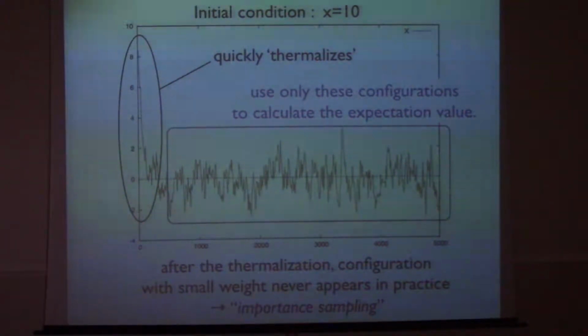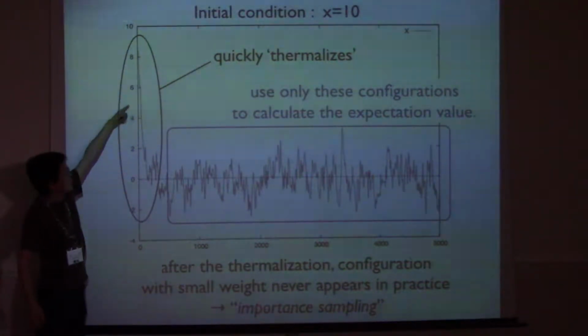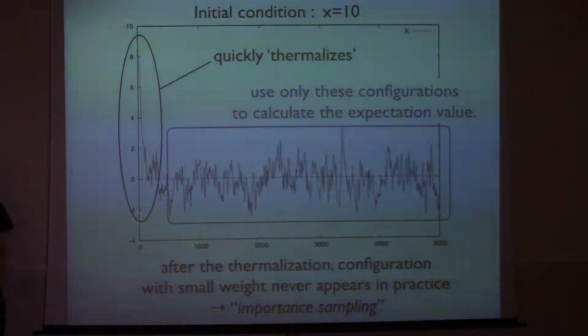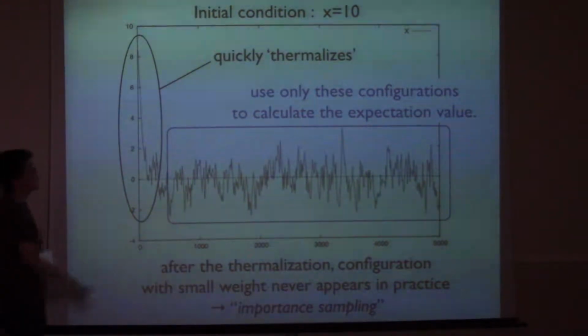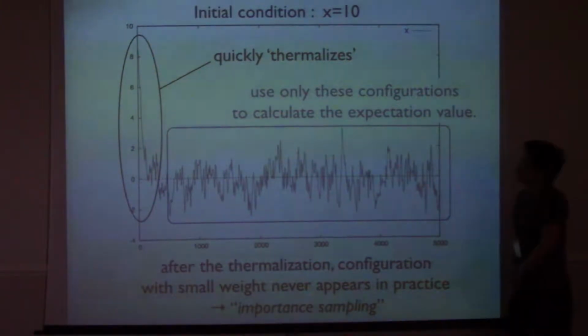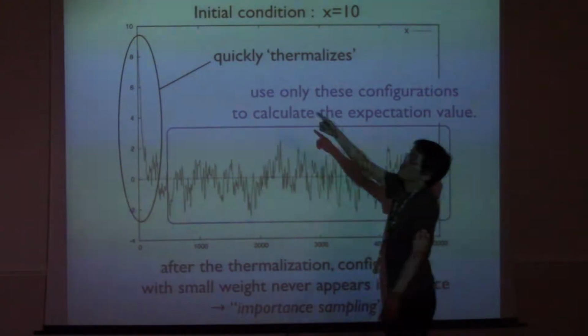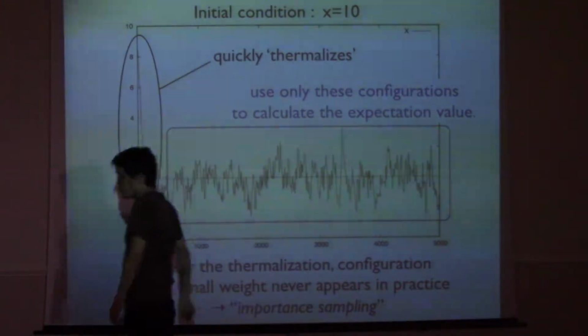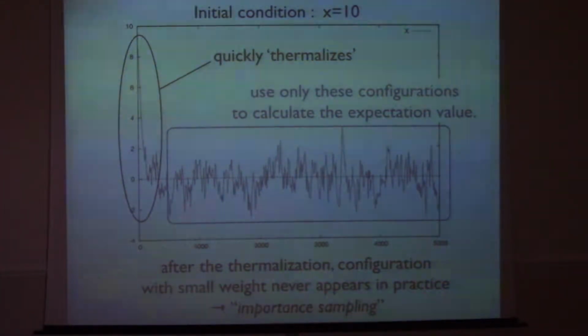What you can see is x comes close to 0 very quickly. x close to 0 actually contributes to the integral. And it starts to fluctuate around there, around 0. Such rare configurations which do not really contribute to the path integral do not appear.